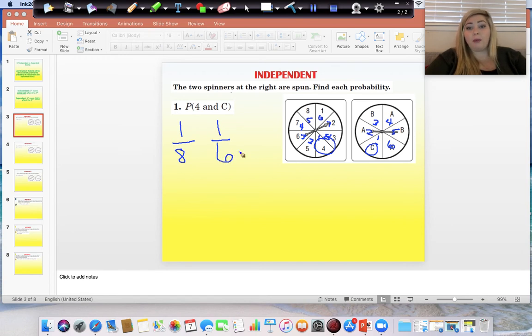So here's the probability of each, and these are independent events. And then what you want to do is multiply these two together. So 1 times 1 is 1, and 8 times 6 gives us 48. So there is a 1 in 48 chance that you will land on a 4 and a C when you spin both of these spinners.